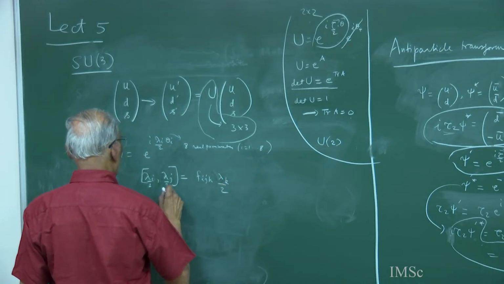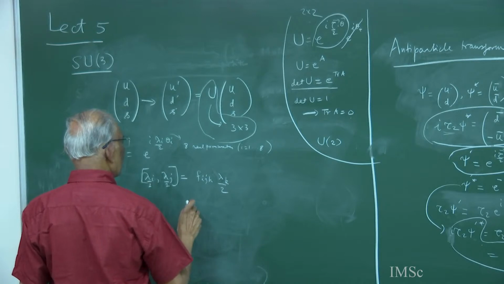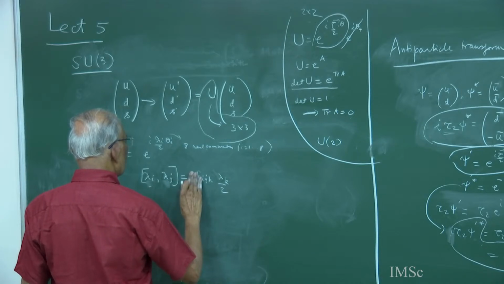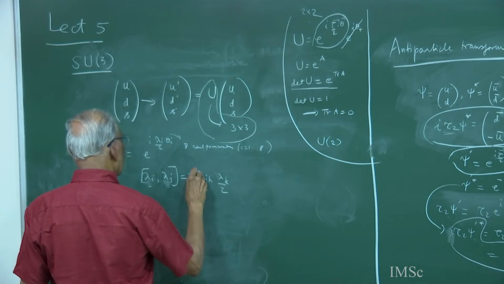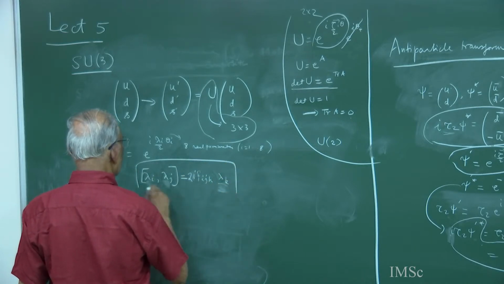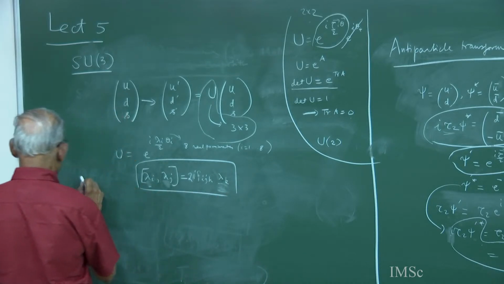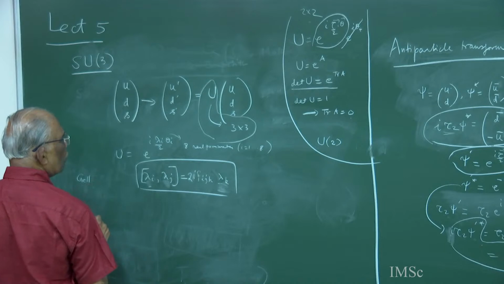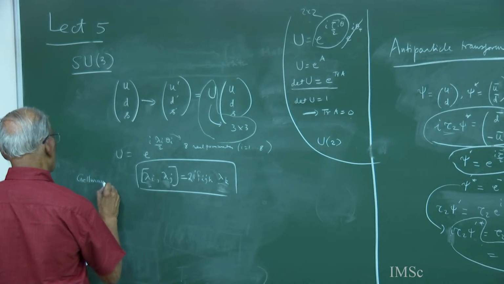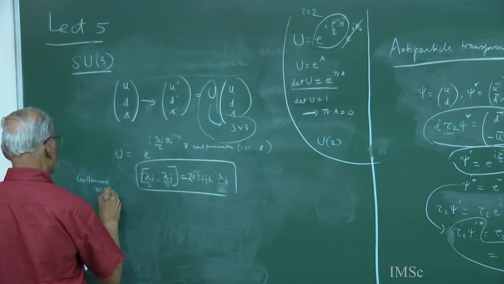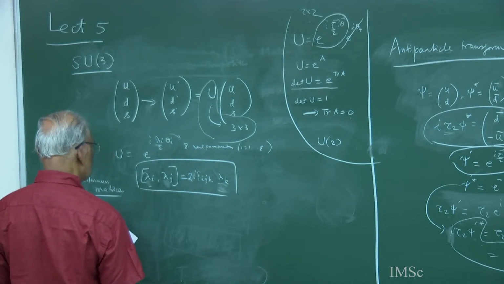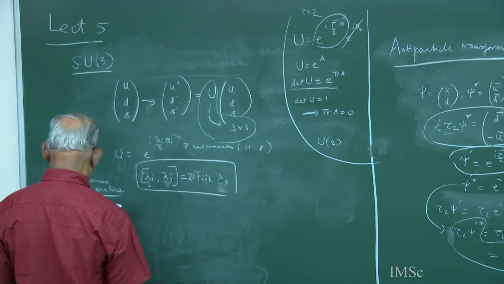You can multiply by 2 everywhere, but a factor remains, and 2i also is there. This i is the square root of -1, not to be confused with the index i. So lambdas satisfy this. Lambdas are called Gell-Mann matrices, the generalization of the 2 by 2 Pauli matrices to 3 by 3 matrices by Gell-Mann. They satisfy these commutation relations.